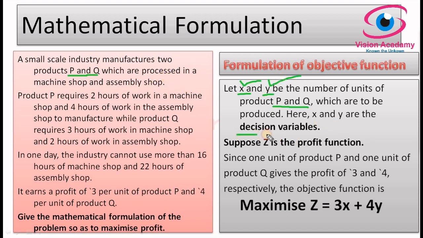Those variables are decision variables. Very importantly, understand, X and Y are the decision variables, because only on the two types of products do you have to take a decision.